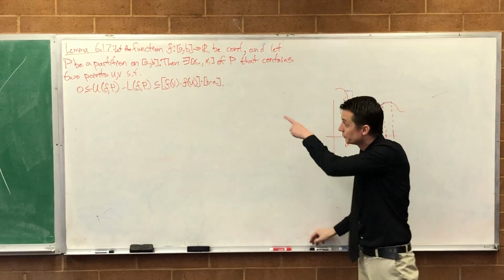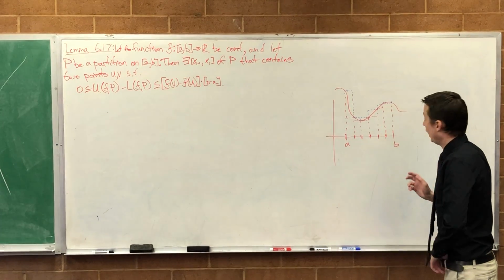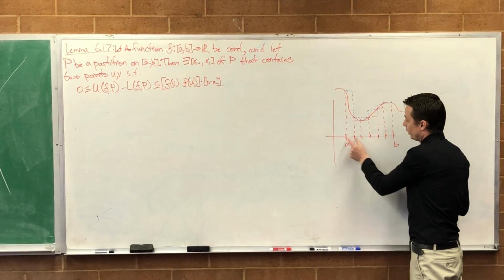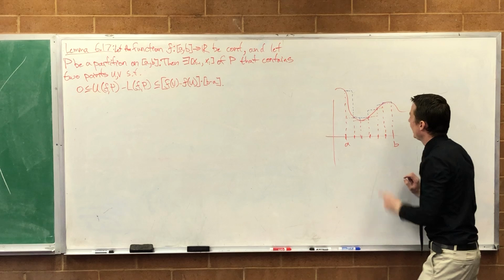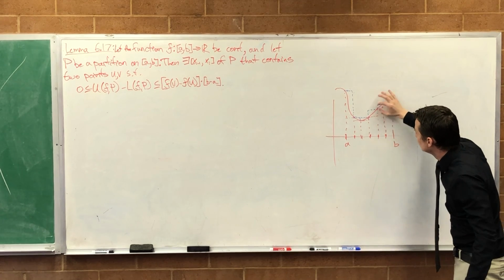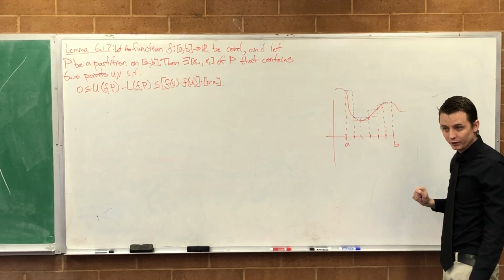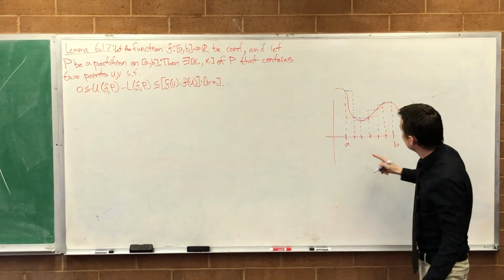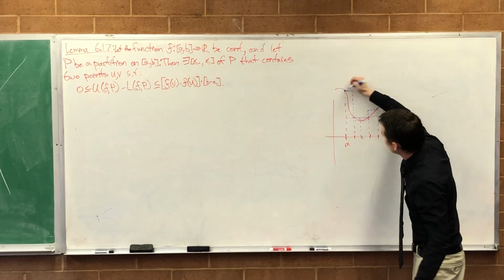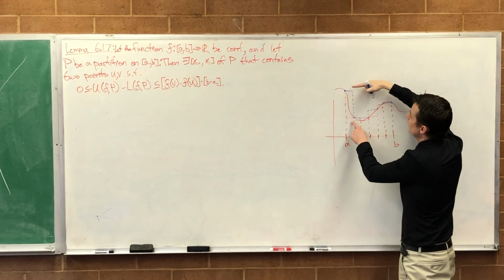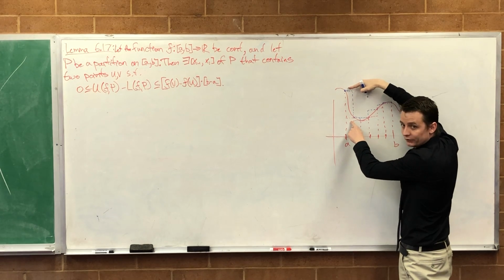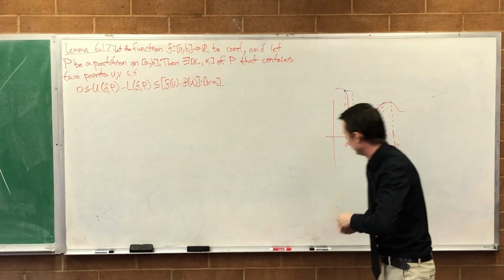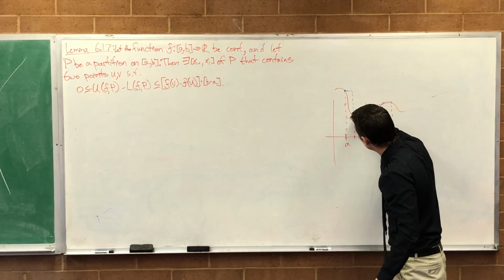And so what this is ultimately saying is, one of these partitions is going to have the max difference between the upper and lower Darboux sum. So the v that they're talking about here is going to be the point on the function right here that corresponds to the highest point in the interval that gives us our biggest difference between our upper and lower Darboux sum heights. And u is going to be the lowest point in that interval. u is going to be this point right here.